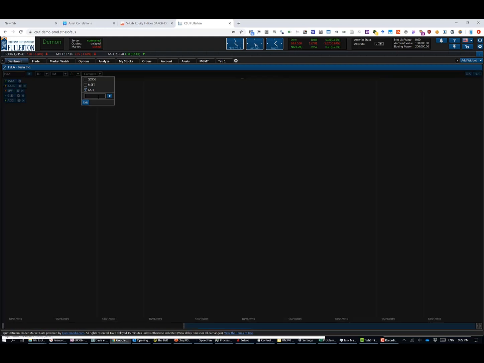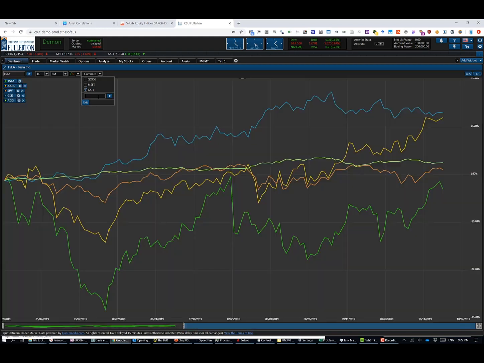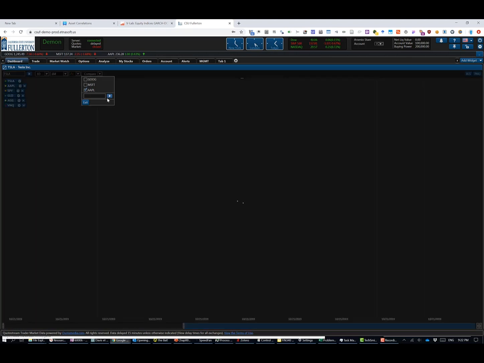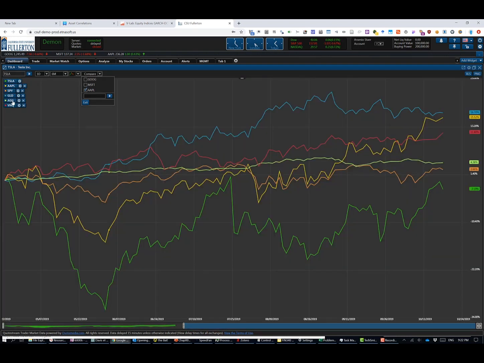And if you remember, we also had a fifth asset that was real estate, and we had the Vanguard ETF, a real estate investment trust ETF that has real estate investment trusts in its portfolio. So now we have overall six assets: Tesla, Apple, SPY, GLD, AGG, and VNQ.